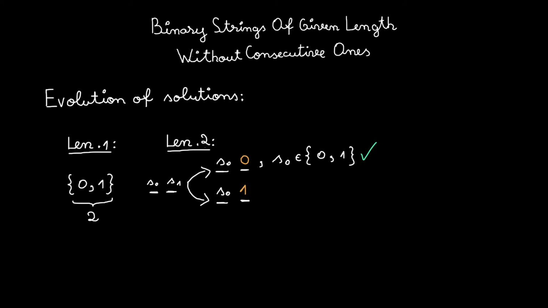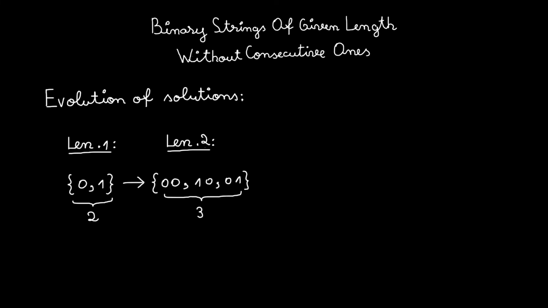But if S1 equals 1, we have to be very careful about S0 because it cannot be 1. So in this scenario, S0 equals 0 and only one string is valid, which is 0, 1. And here are the valid strings of length 2. As you can see, there are a total of 3.